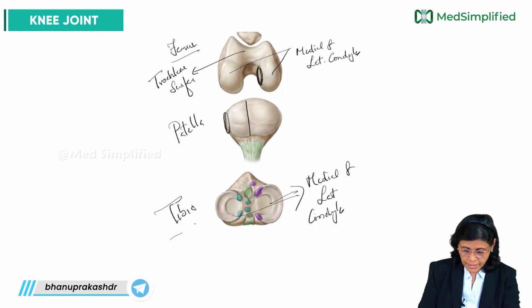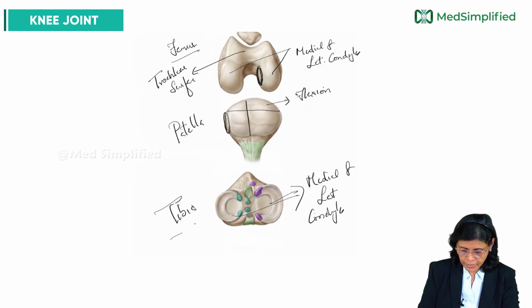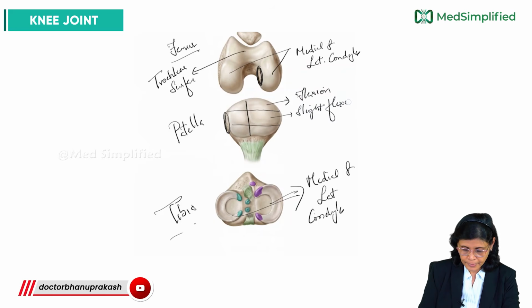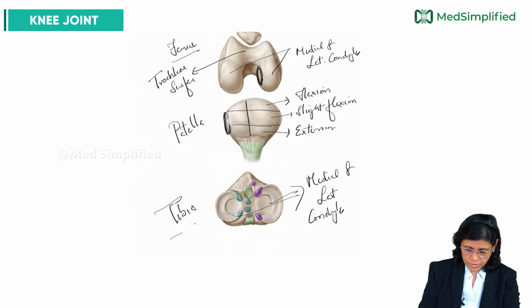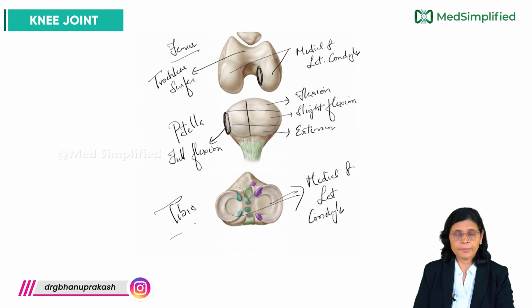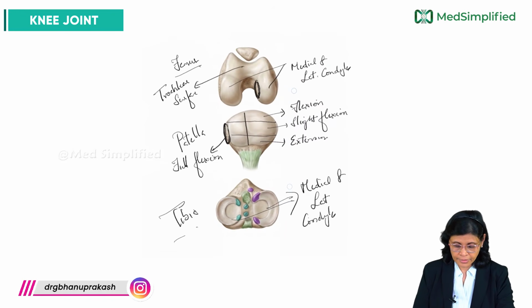The upper part is in contact in flexion, the middle portion in slight flexion, and the lower portion during extension. The small medial strip I mentioned comes in contact in full flexion. So this is about the articular surfaces of the knee joint.